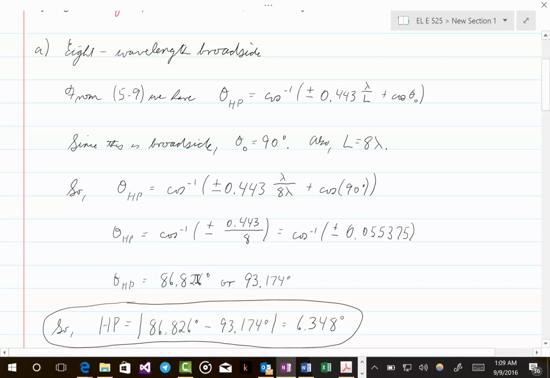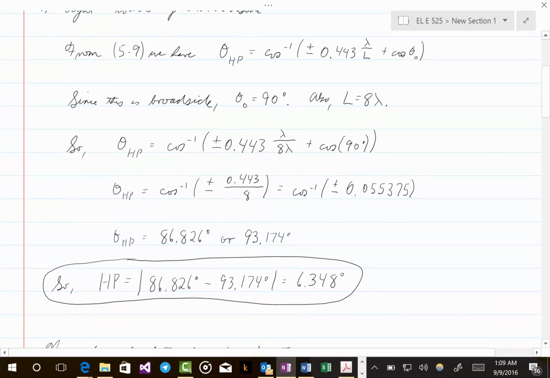And so finding the half power beam width in this case is pretty straightforward. We have that the half power beam width is equal to the absolute value of theta HP left minus theta HP right.